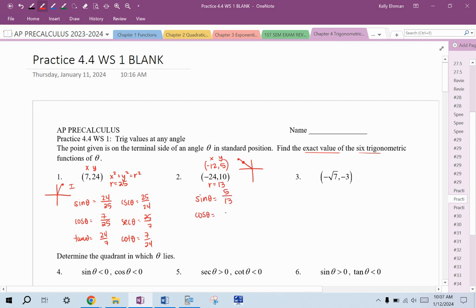Cosine of theta is negative 12 over 13, x over r. And tangent of theta is y over x, so 5 over negative 12 or negative 5/12, whatever. Cosecant theta is 13/5. Secant theta is negative 13/12. And cotangent theta is negative 12/5.